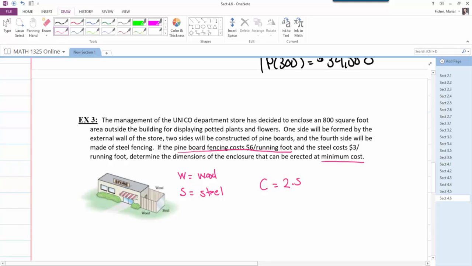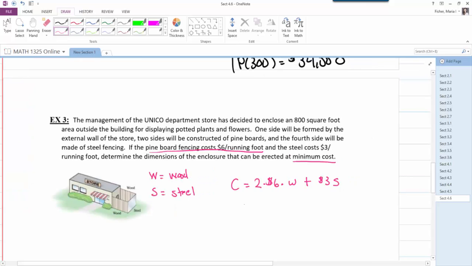So 2 times $6 times W, plus I know that my steel costs $3 a running foot, but I'm only going to have one side that's going to be steel. So $3 times S. So there's my cost function. So we could also write this as just 12W plus 3S.